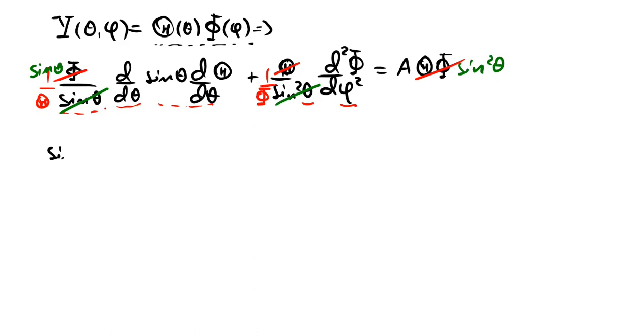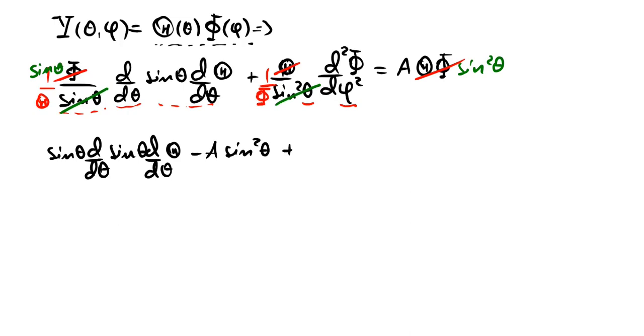I have sine of theta something like that. Then I can put the other term there from the other side, like a sine squared of theta, and here I have plus 1 over phi, something like this, right? And this has to be equal to 0.